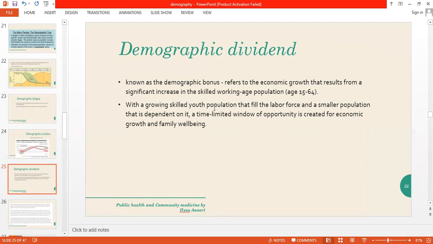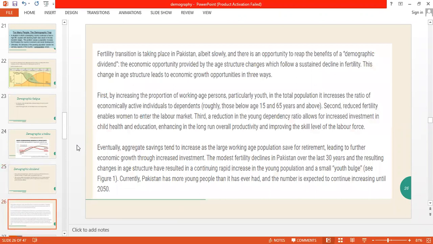With a growing skilled youth population that fills the labor force and a smaller population that is dependent on it, a time-limited window of opportunity is created for economic growth and family well-being. Fertility transition is taking place in Pakistan, albeit slowly, and there is an opportunity to reap the benefits of a demographic dividend.